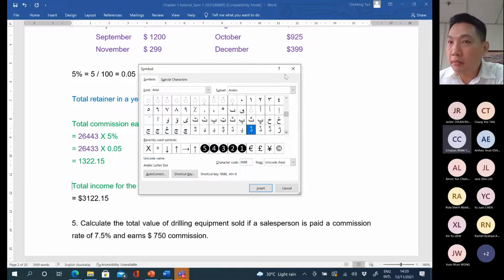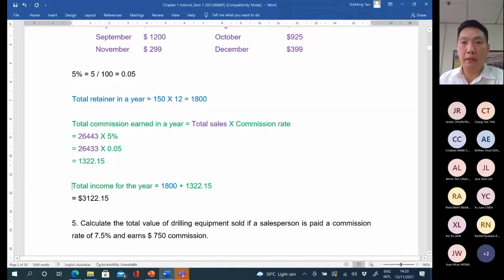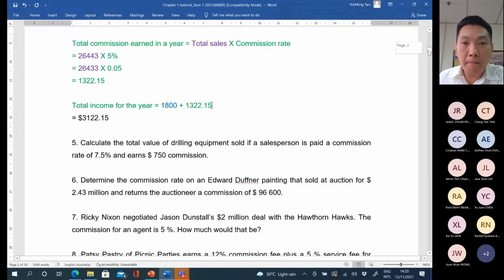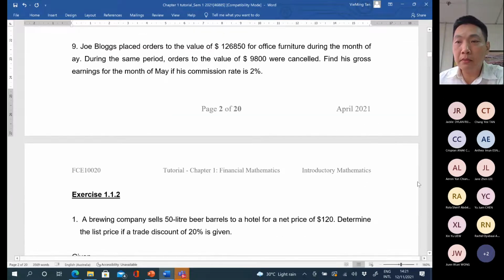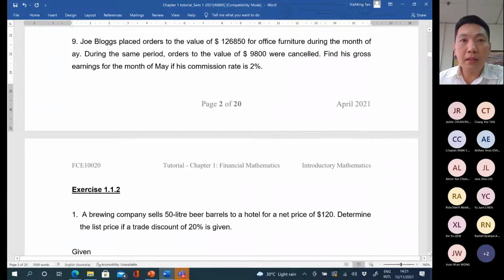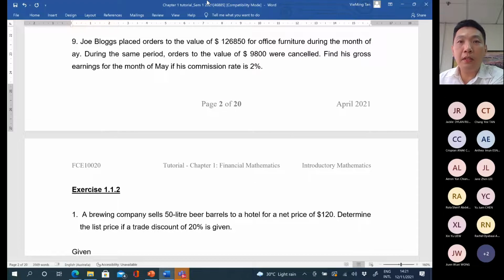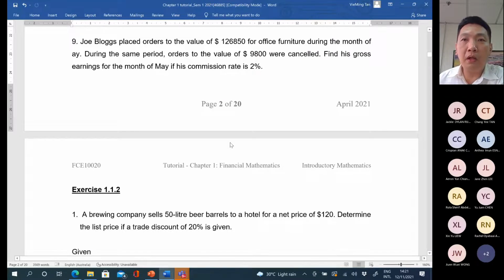Sir, question number 9. Okay, all right, question number 9. We move on to question 9. This Joey places orders to the value of 126850 for office furniture during the month of May.